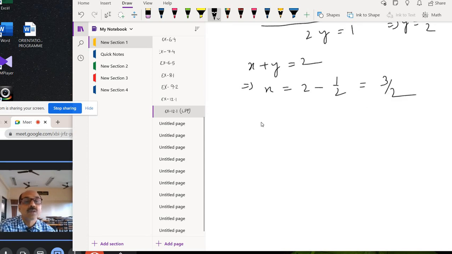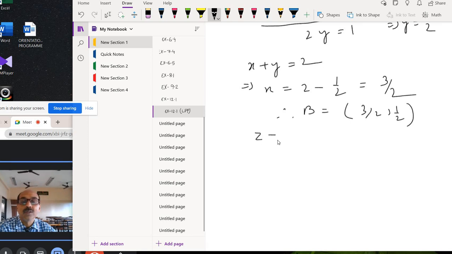Okay. So this is B. So B point is x is 3 by 2 and y is 1 by 2. Okay. Now Z.